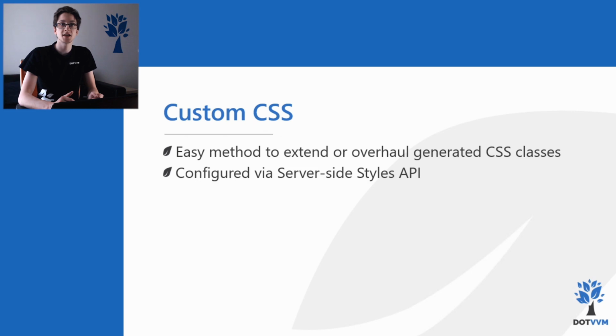The custom CSS is configured via the server-side styles API. It allows you to specify exactly under which conditions your new classes will be used. This is useful, for example, when you need to use some custom Bootstrap theme, which often requires you to modify some of the inner CSS classes.